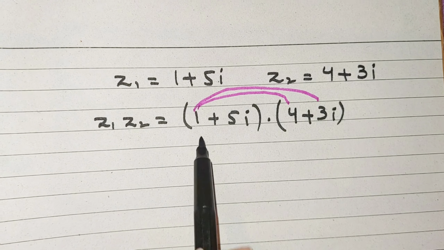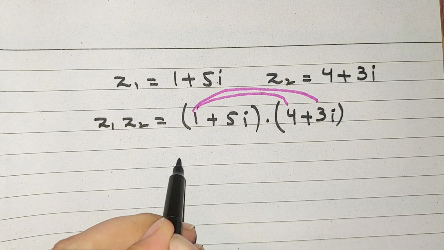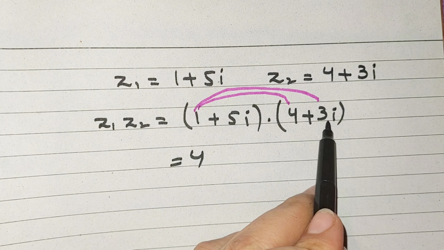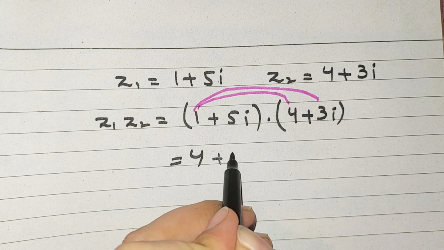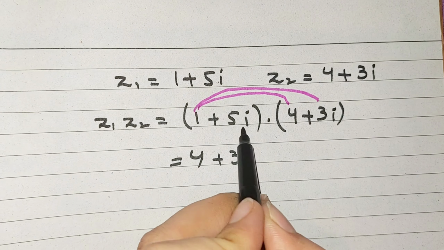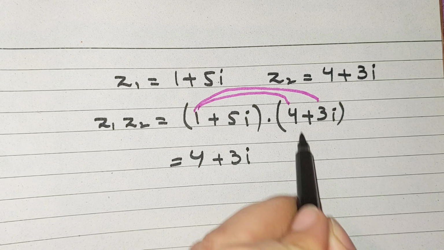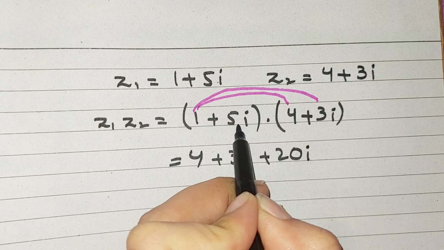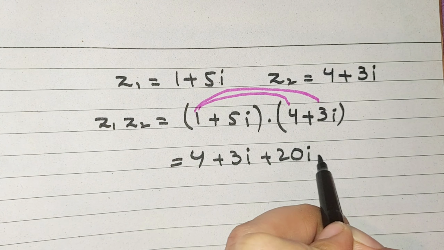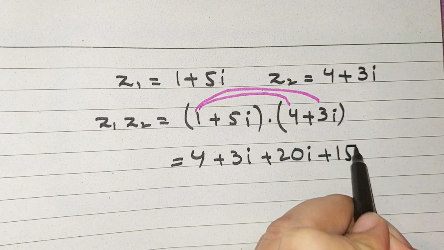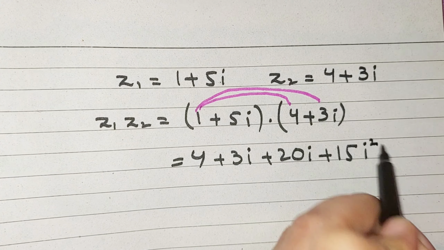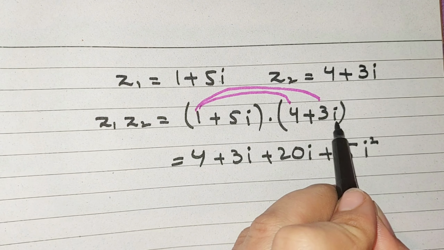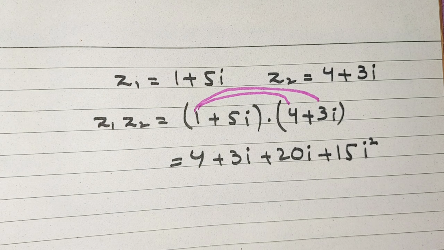So first, 1 multiplied by 4 will be equal to simply 4, and then 1 multiplied by 3 will be equal to 3 iota, and 5 iota multiplied with 4 will be equal to 20 iota, and 5 iota will be multiplied with 3, that will be equal to 15 iota square, because 5 times 3 is 15 and iota multiplied with iota will be equal to iota square.